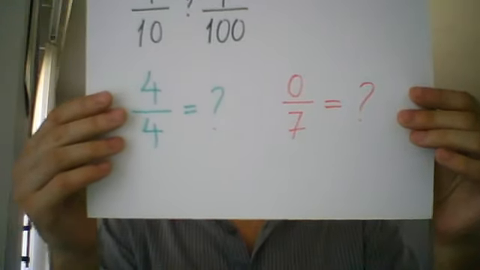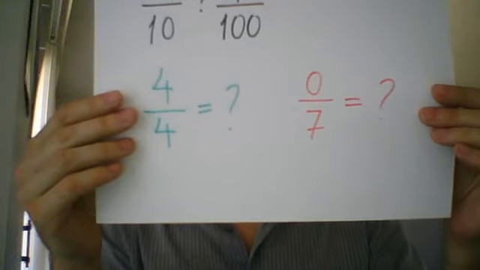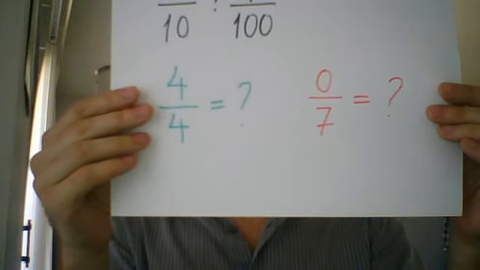Now, the next question here is, what kind of number is 4/4? It's kind of a weird fraction, right? The numerator is the same as the denominator. So think about this. Let's say I have, again, a cake, and I've divided it into 4 equal parts.